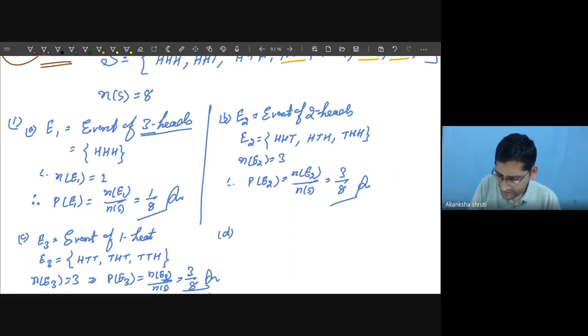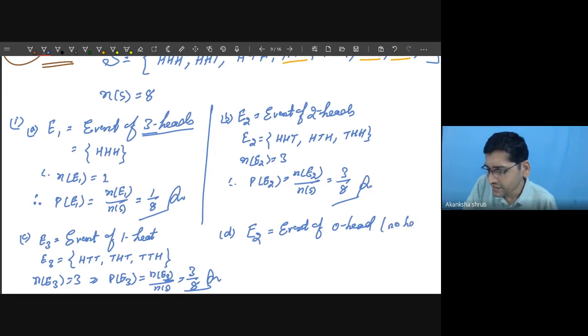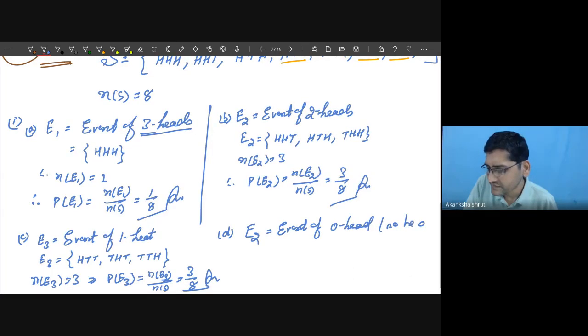And the fourth, 0 heads means event of no head, or event of 0 head, or no head mean the same thing. So here 0 head means all are tails only.